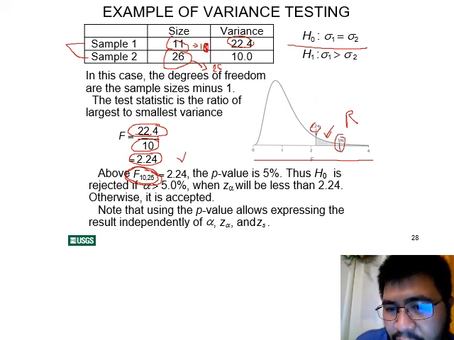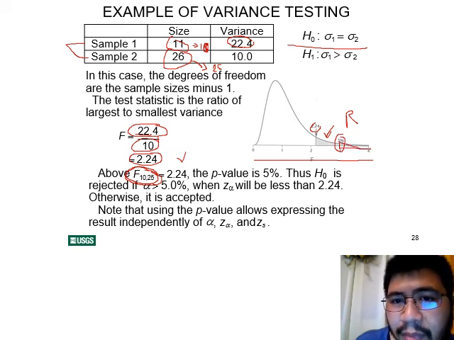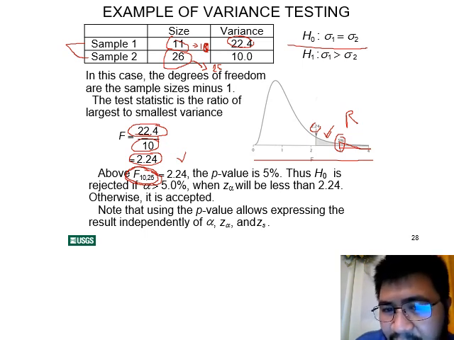So this is our cutoff for the rejection. So this is the rejection area, and we can see here that the F statistic is outside the rejection area.